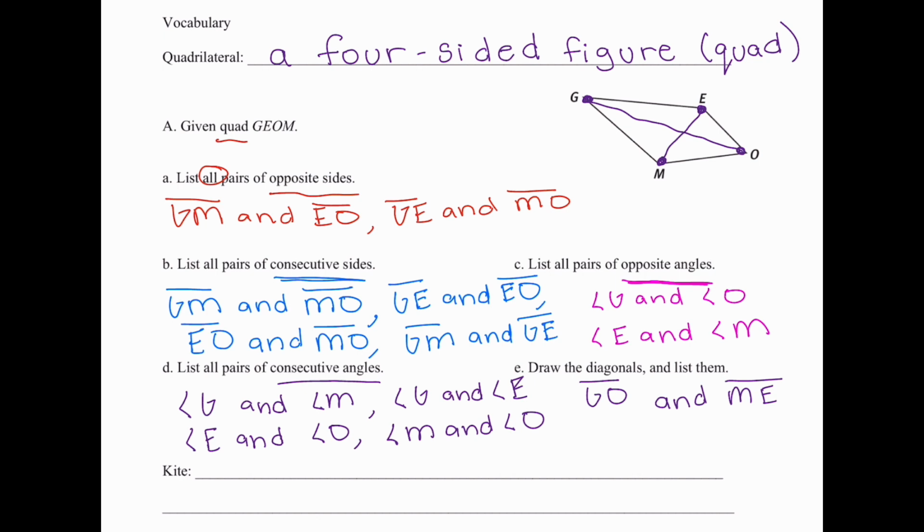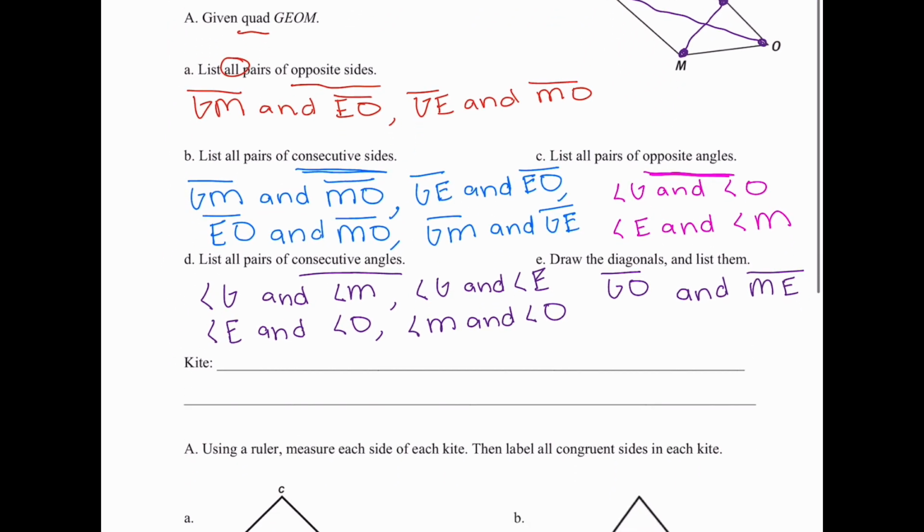As we now start to focus on specific quadrilaterals, each quadrilateral has its own special properties, and I may use these terms in their definitions, and so you need to know what features I am talking about with each quadrilateral. So the quadrilateral we're going to focus on today is a kite.